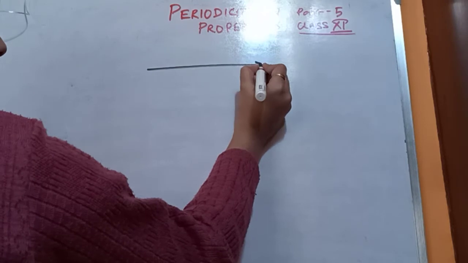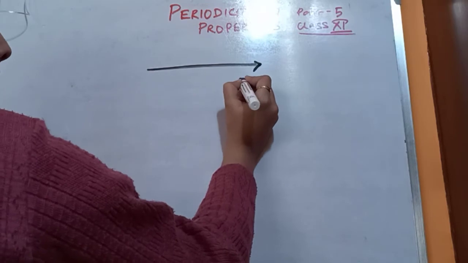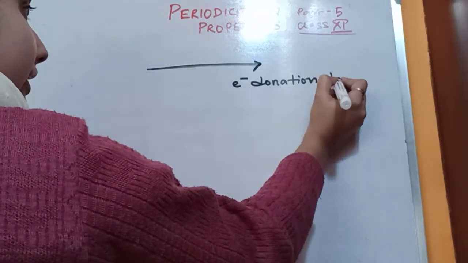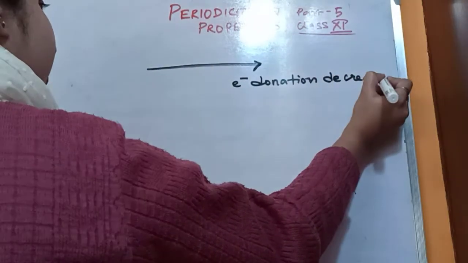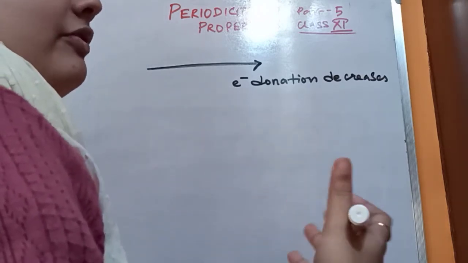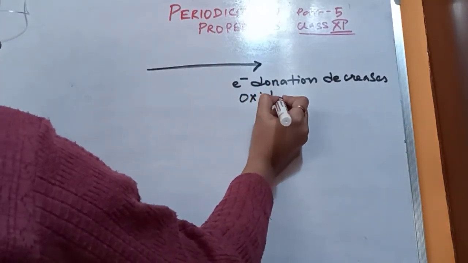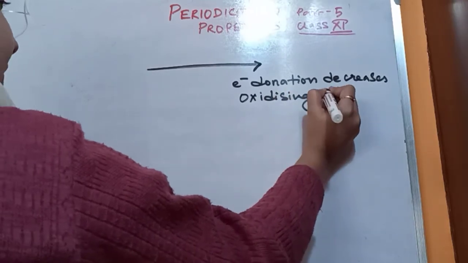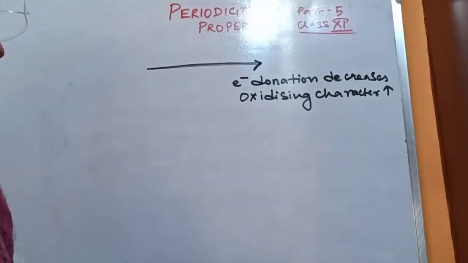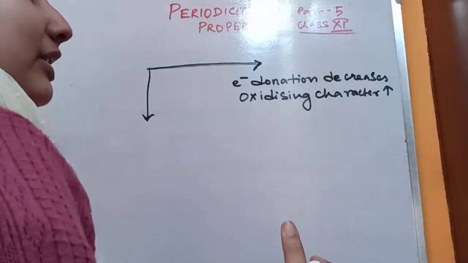So across a period the electron donation tendency decreases, and when the giving up of electrons decreases, it means that the oxidizing character increases.